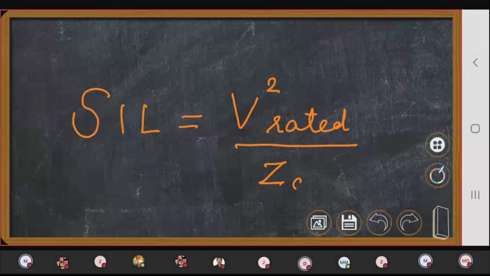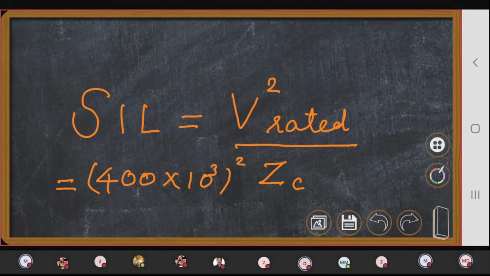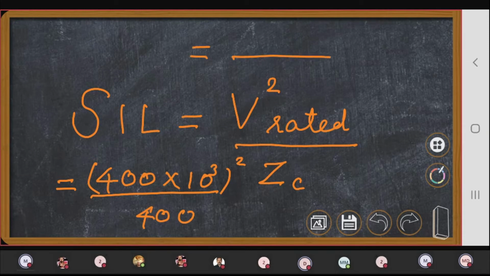So V squared rated is 400 kV, that is 400 into 10 cube, the whole squared, divided by 400. So you may have the answer in terms of megawatts. So that is the correct option.